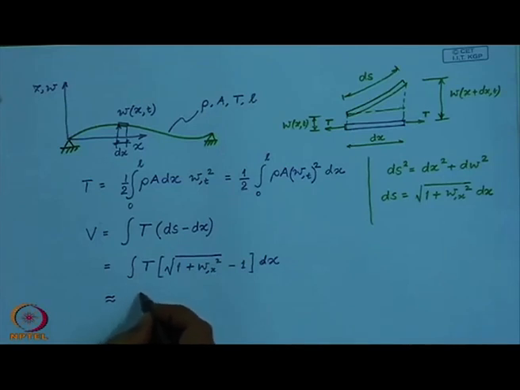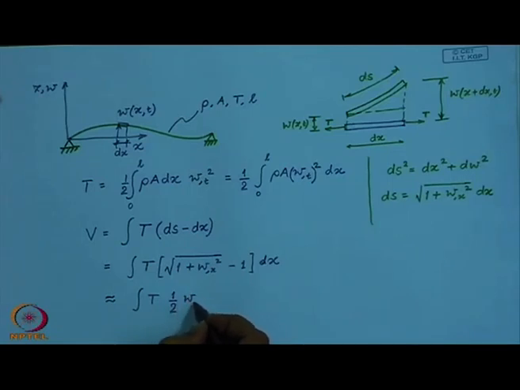So, then this turns out to be 1 plus half del w del x whole square. So, that 1 cancels off.